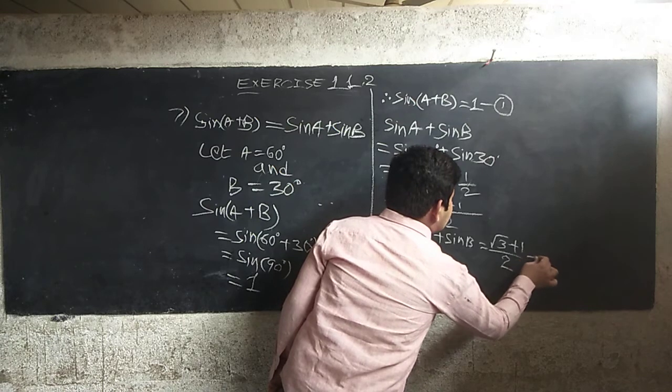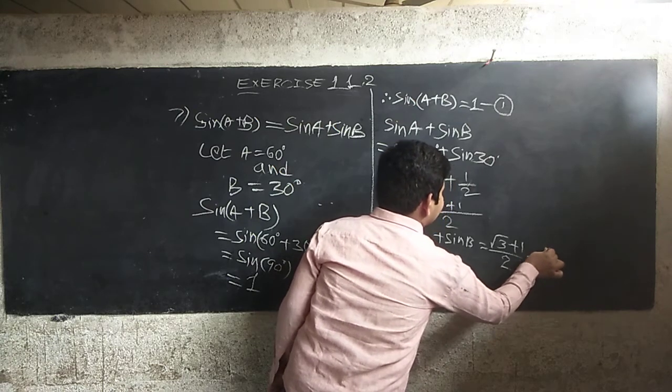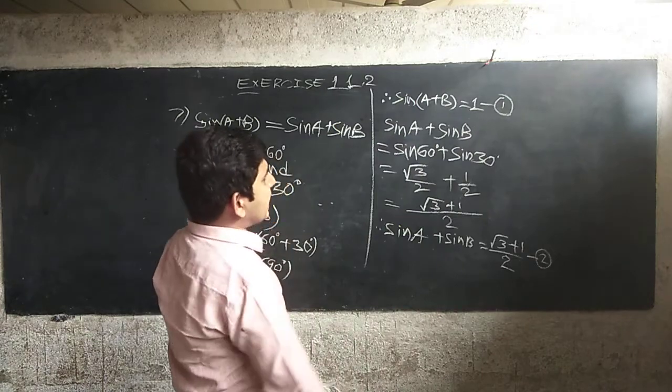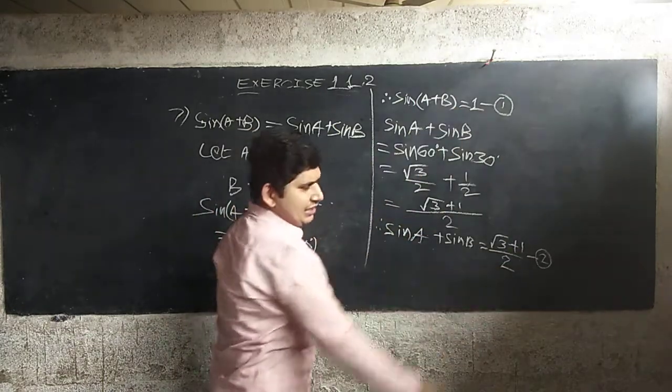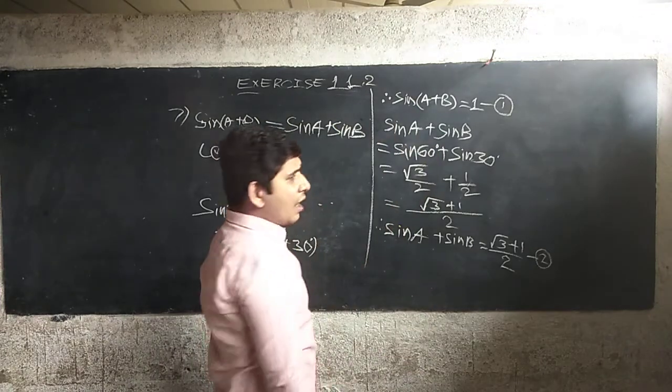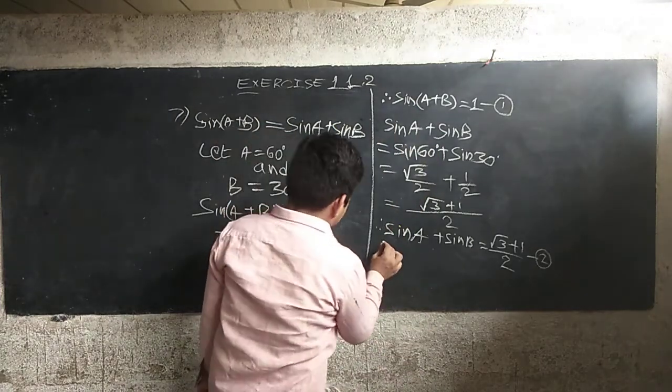This is equation number 2. Now equation 1 and equation 2, the values are not equal. So these both are not equal.